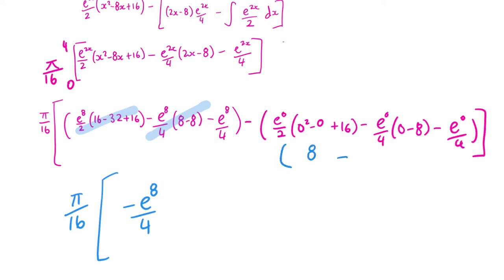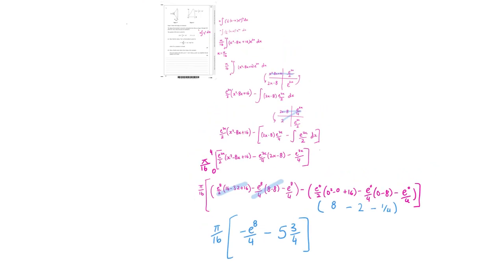Minus a quarter times minus 8 is minus 2. Minus 2. Minus a quarter. What's 8 minus 2 minus a quarter? 6 minus a quarter. 5 3/4. Minus 5 3/4.